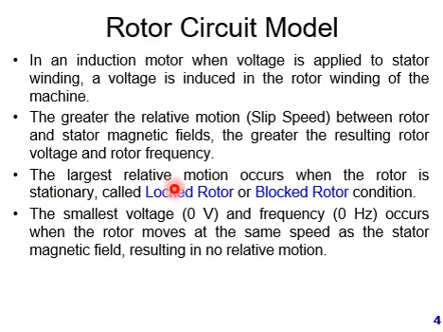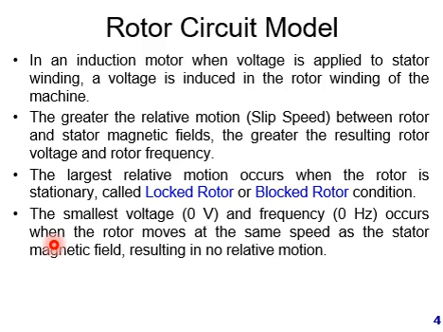The largest relative motion occurs when the rotor is stationary, which means n_m is 0 and n_sync minus 0 is n_sync. The condition where the rotor is stationary is called locked rotor or blocked rotor.